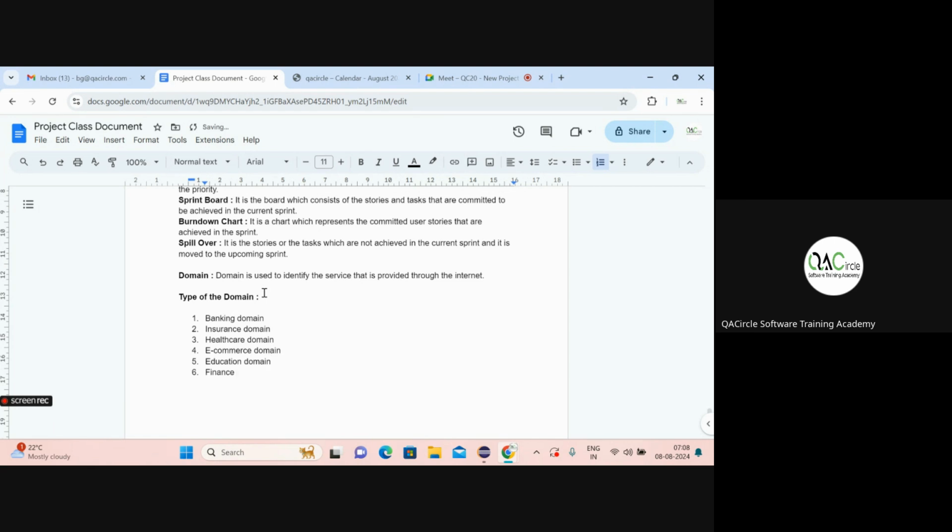Anything which falls under government scheme would mostly be financial based. You will have to invest some amount and you'll be getting good returns based on the investment that you do, correct? Okay.